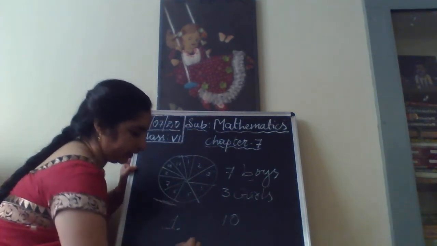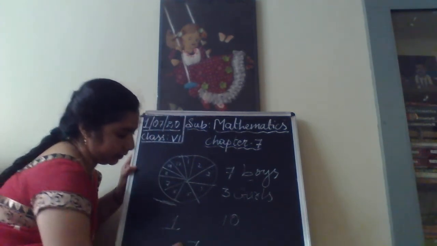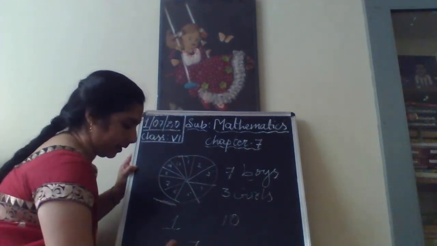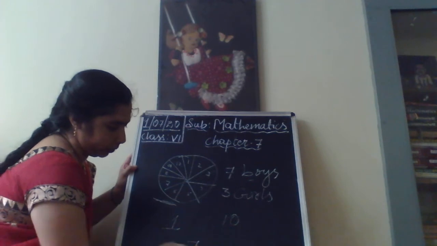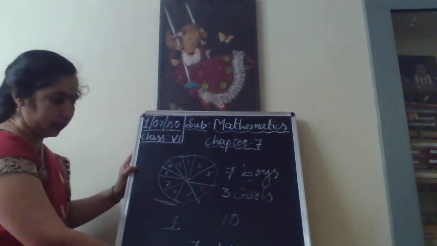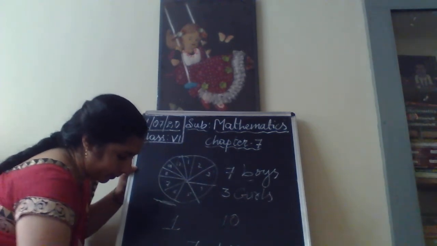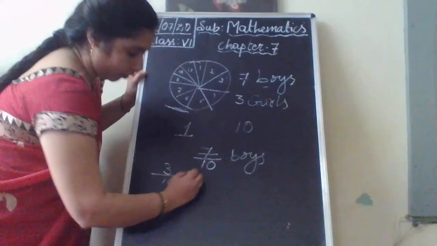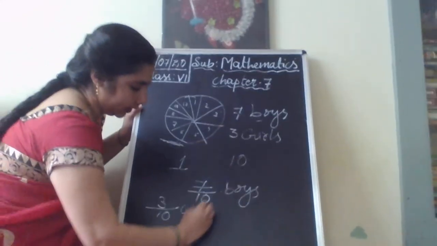We can represent it as 7 pieces out of 10 pieces. This is the number of cakes given to boys. 3 pieces out of 10 is the number of pieces given to girls.